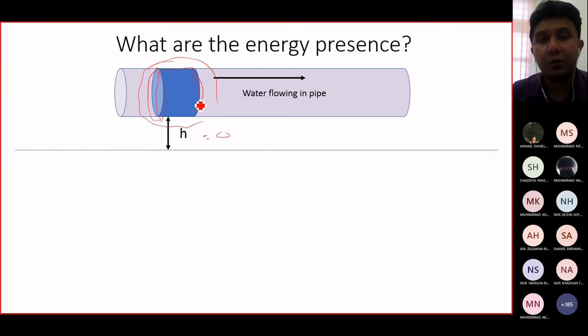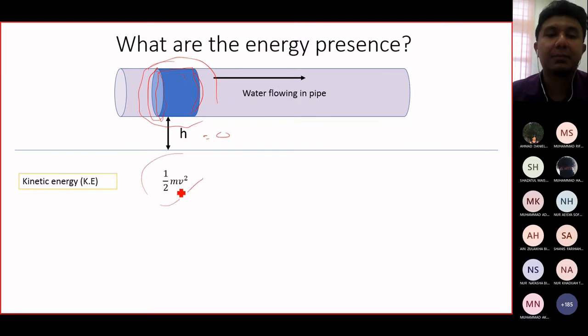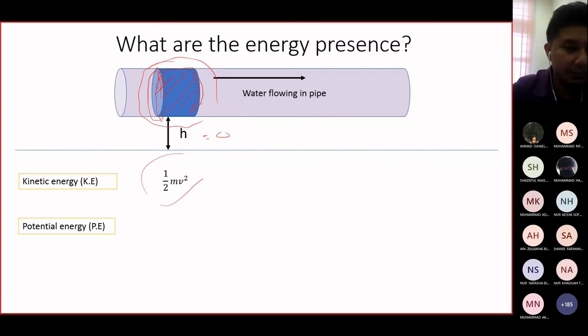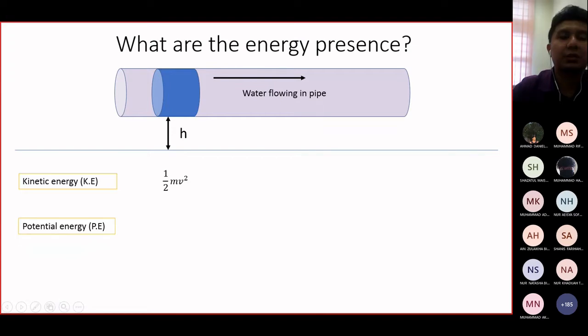This bulk or volume of water, when it moves, has kinetic energy. This is the formula, simple. This mass is the mass of the volume of water. And since it is at higher ground, we can say that it has potential energy given by this formula.